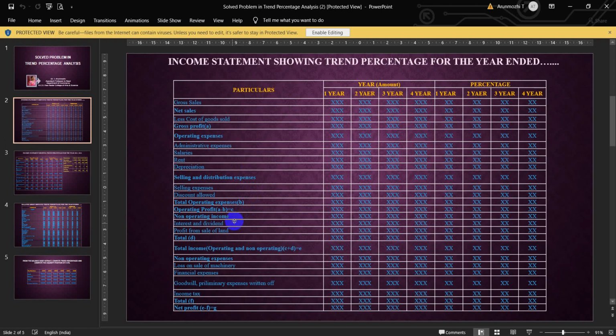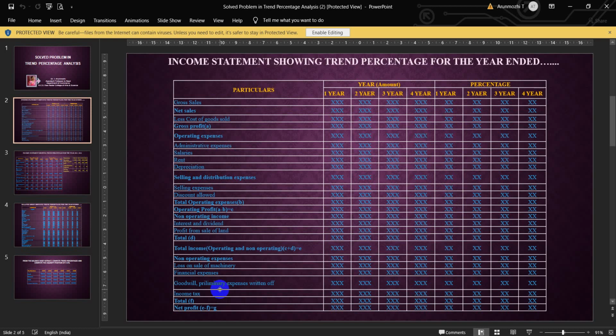With that, we get total operating expenses, treated as B. So operating profit A minus B, we get C. Then we take non-operating incomes and the total of it goes to D. So total income, that is the operating and the non-operating, C plus D is equal to E. Like that, non-operating expenses, those are loss on sale of machinery, financial expenses, goodwill, preliminary expenses written off, income tax also.